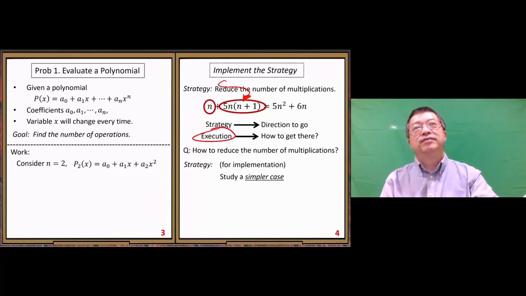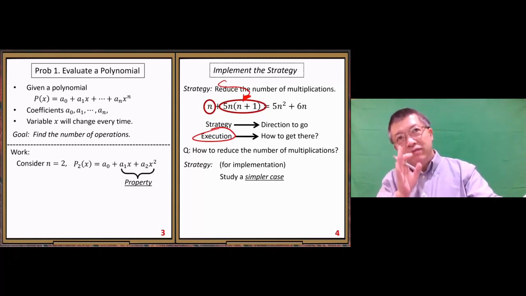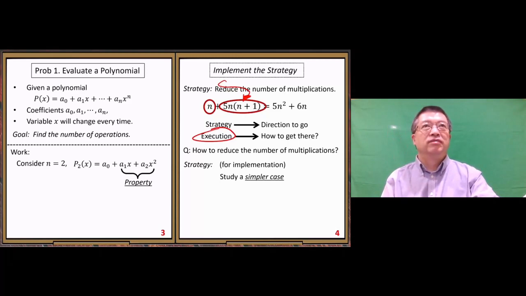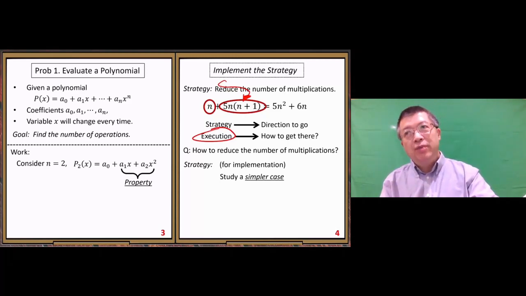Observation. We need to observe this part, the last two terms. Can you find any special property regarding the last two terms? A1 times x plus A2 times x squared.